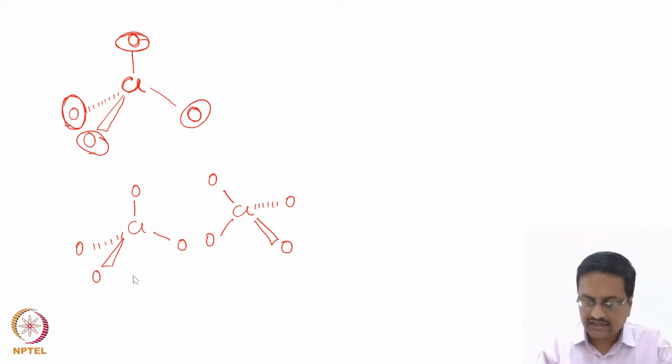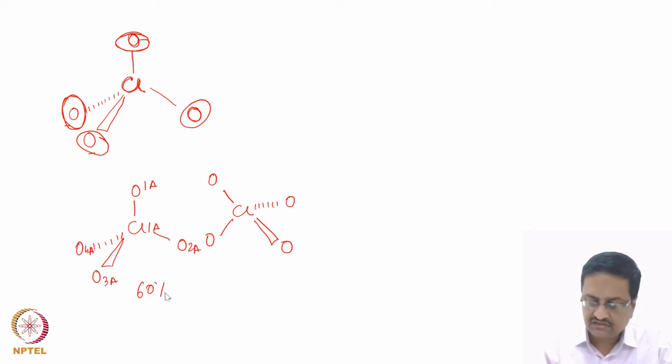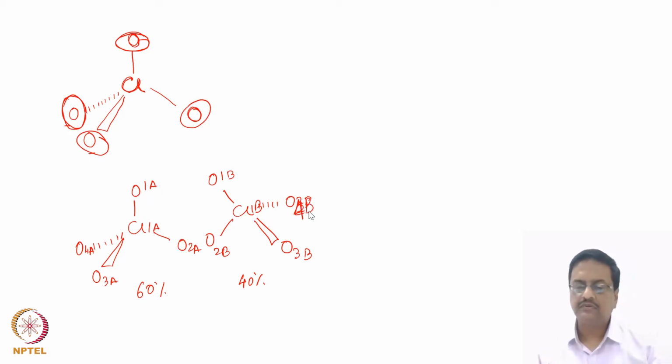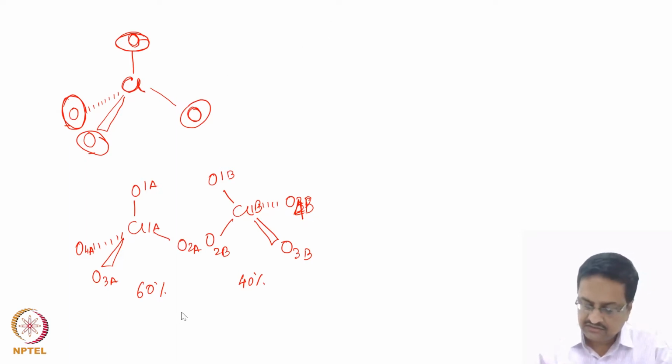So maybe the perchlorate anion at this location, which we mark as, suppose, 1A, with oxygens 1A, 2A, 3A and 4A, is maybe 60%, and there 1B is about 40%. So how to deal with this static disorder?